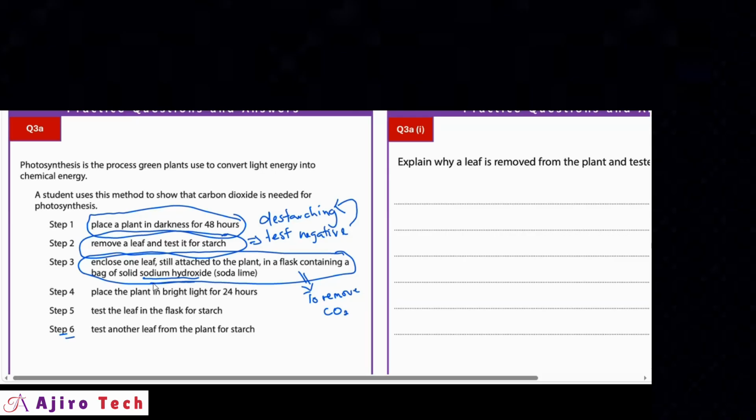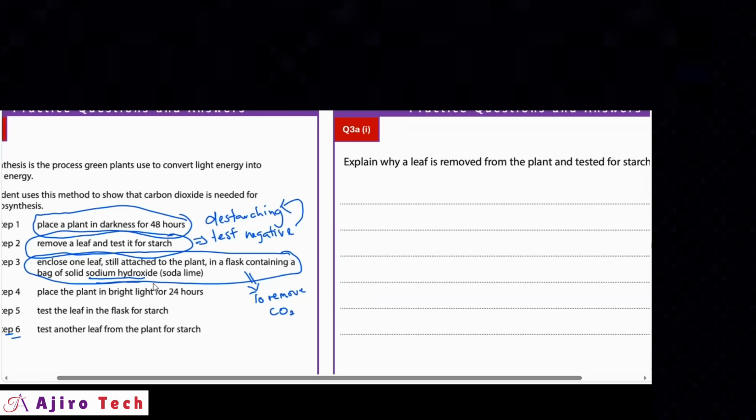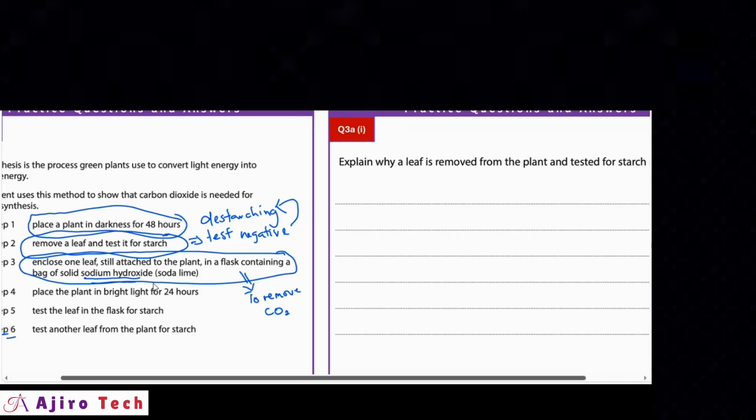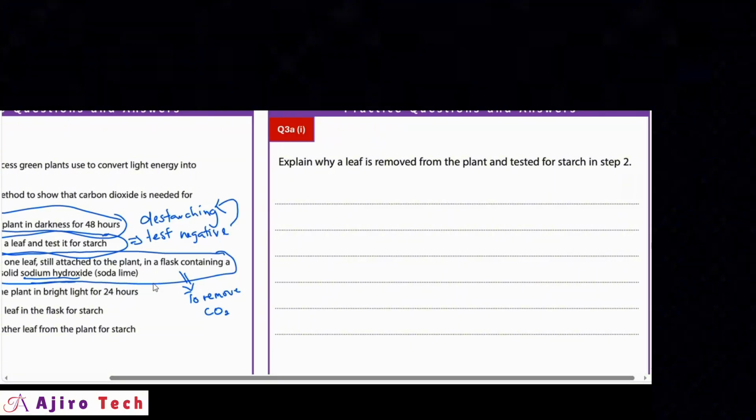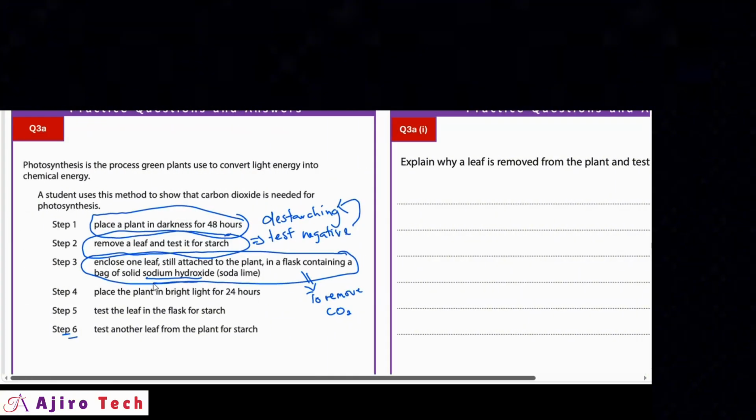And I believe we've done just that investigation. So the next thing will be to answer the question. Now, question 3A, Roman 1 states: explain why a leaf is removed from the plant and tested for starch. Let's look at removing a leaf and testing it first.